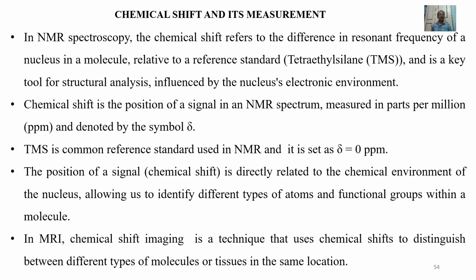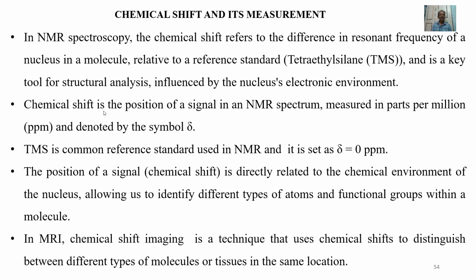In NMR spectroscopy, the chemical shift refers to the difference in resonance frequency of a nucleus in a molecule relative to a reference standard, tetramethylsilane, abbreviated as TMS, and is a key tool for structural analysis, influenced by the nucleus's electronic environment.